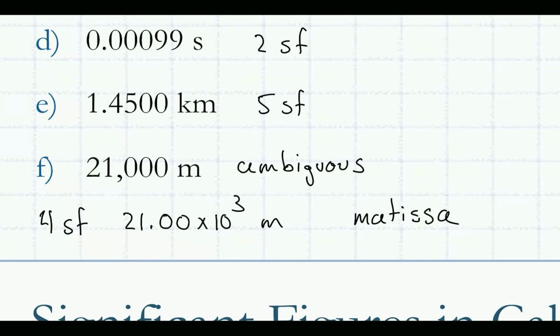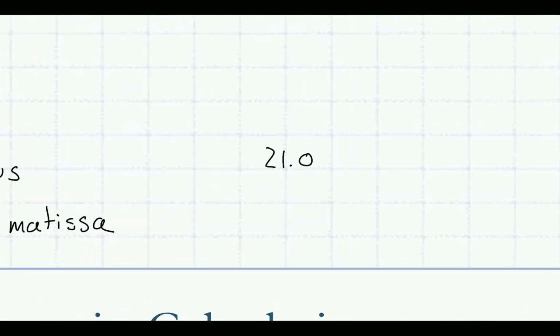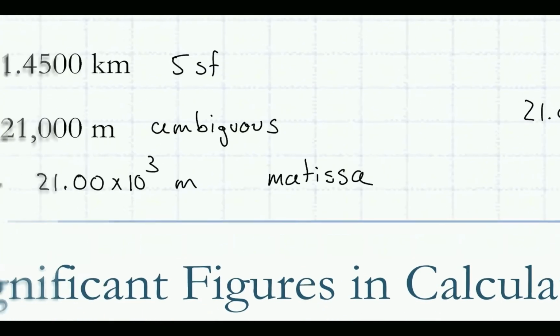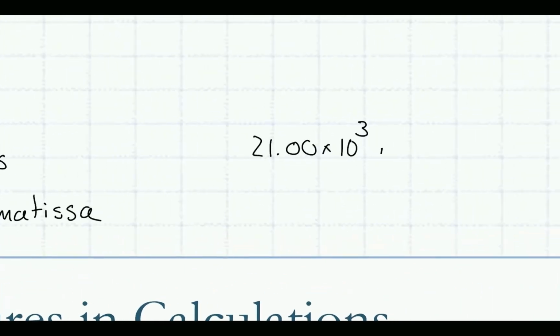So that's what I was saying, if you have a specific reason for doing this, like maybe I want to compare this to, I'm going to go over here and rewrite it, because this is in meters. I don't know, we're comparing the length of two roads or runways or something. And I'm comparing this one that's 21 times 10 to the 3 to one that's maybe 9.00 times 10 to the 3 meters. This is very easy to see that, oh yeah, that one's bigger than this one.